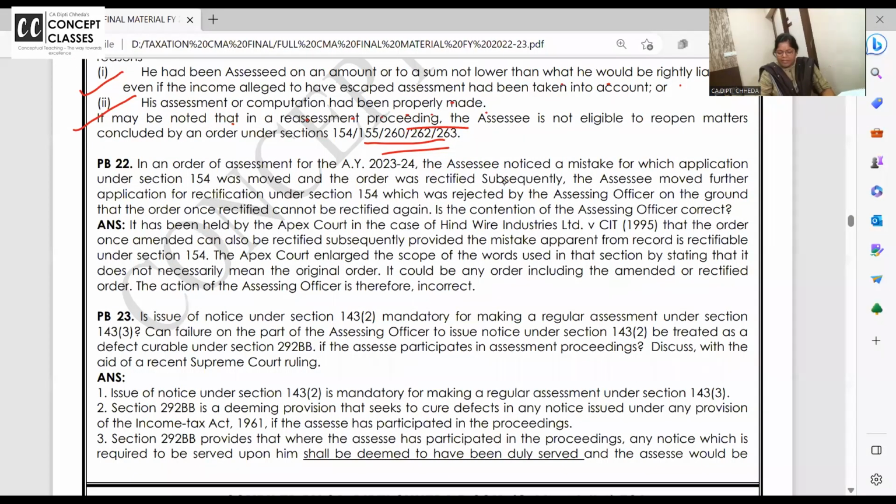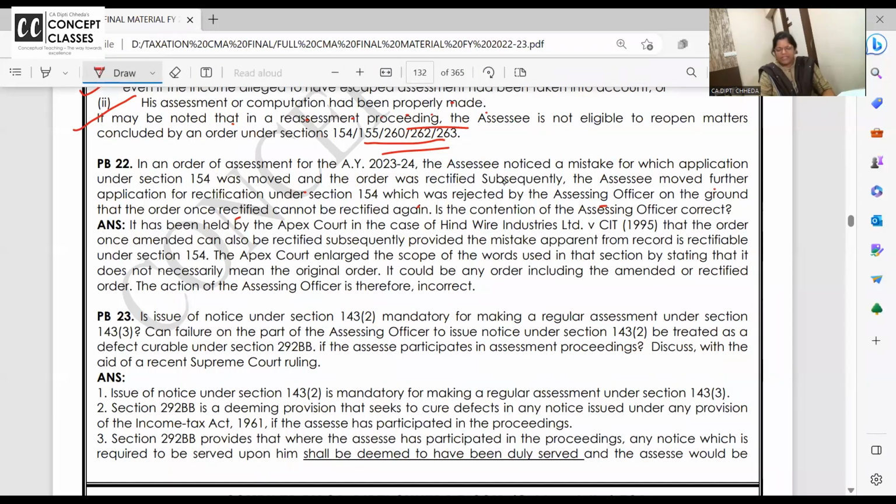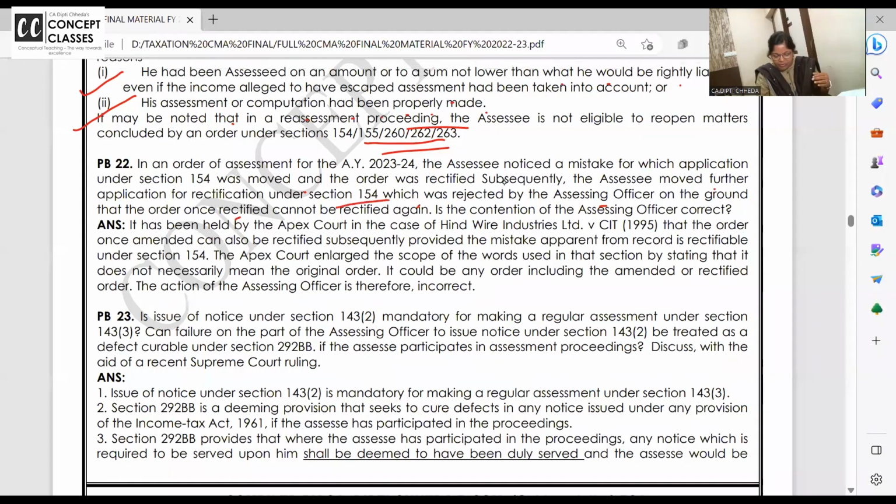If in an order of assessment, AO noticed a mistake for which an application under 154 was moved, an order was rectified. Subsequently, AO moved a further application under 154 which was rejected on the ground. See, sometimes 154 has nothing to do with 143 and 144. 154 is if any order is passed by the department and there is any mistake apparent from the record, you can see that this mistake has happened, this order was passed wrongly, can the AO rectify the order? Yes.